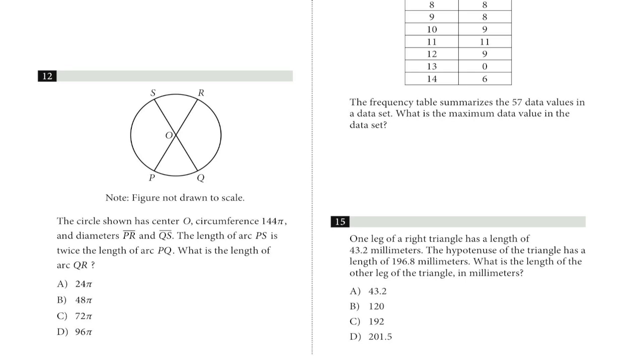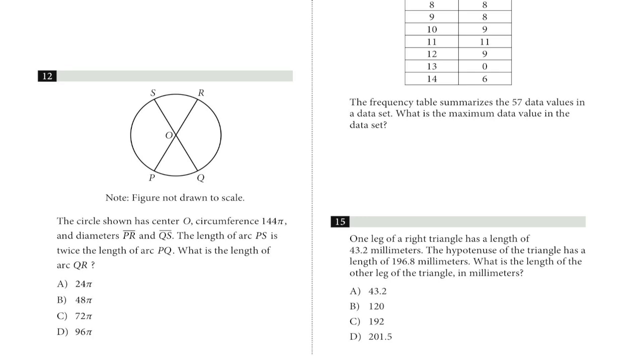All right, 12. The circle shown has center O, circumference 144 pi, and diameters PR and QS. The length of arc PS is twice the length of arc PQ. What is the length of arc QR?